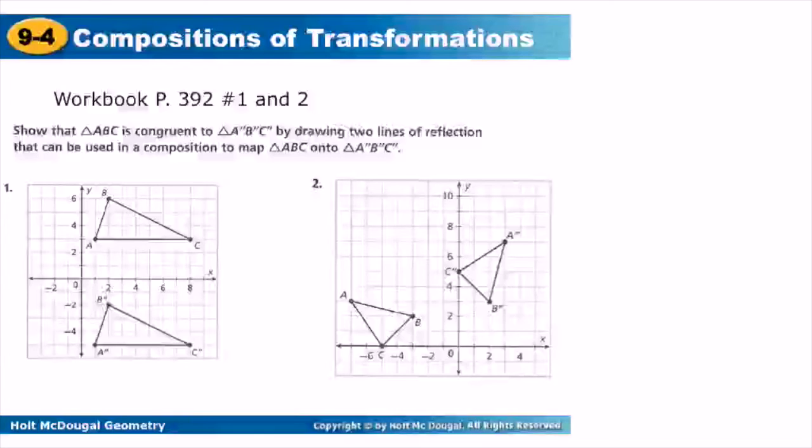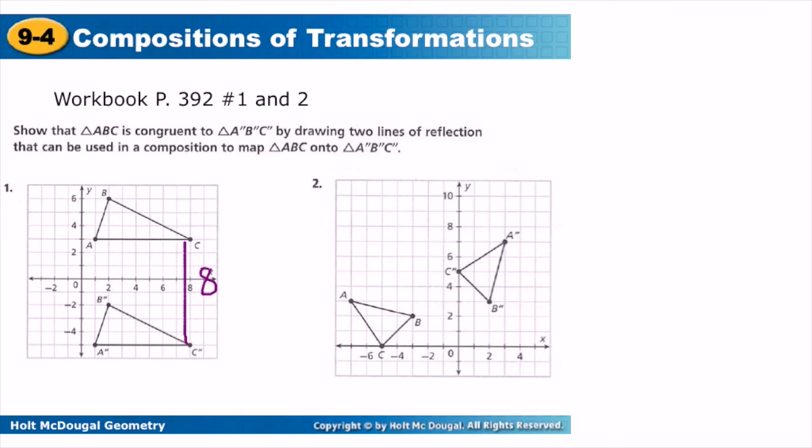So for number 1, I can draw in a few lines of reflection. The best thing that I would do here is between C and C double prime. C is at 3 vertically on your y-axis, and C double prime is at -5. So you want to find out what is the distance between those points. There, that's a distance of 8 units.